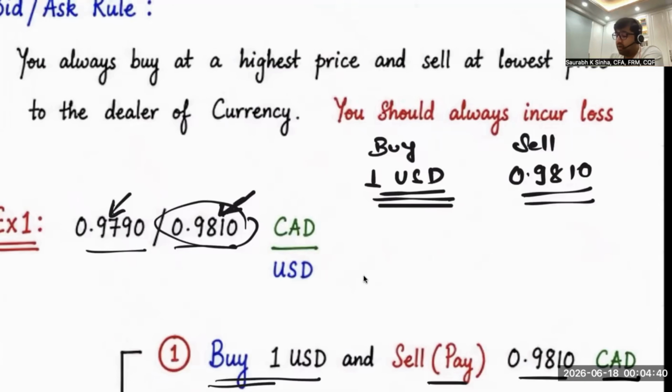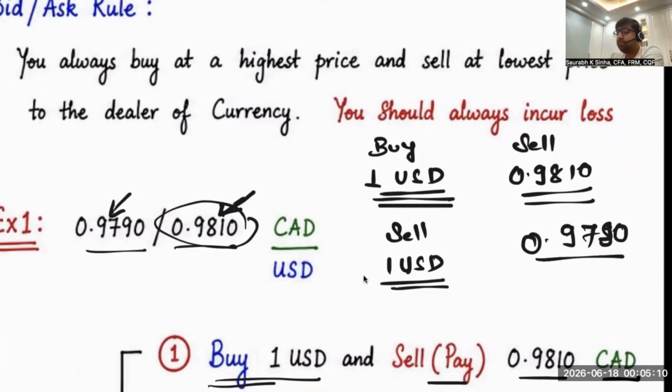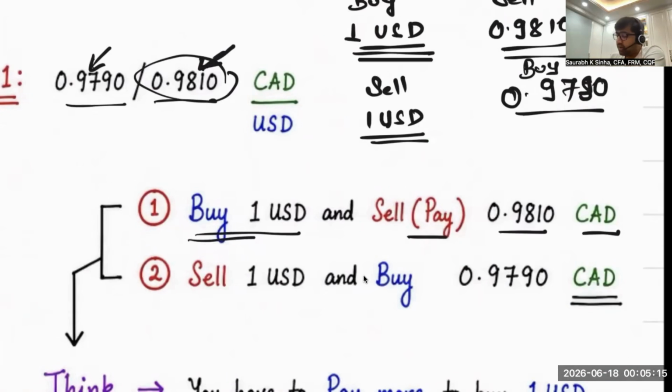Now, if the question is sell USD, if you want to sell 1 base currency, 1 USD, the dealer will not give you 0.9810 CAD. It will only give you 0.9790 CAD. That is what is written here.